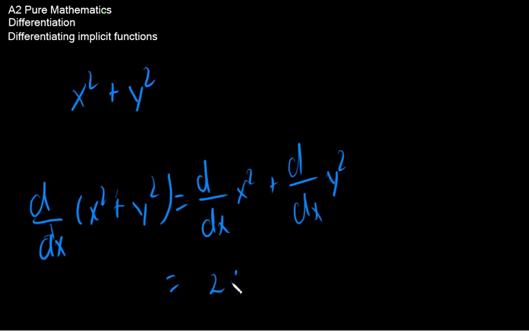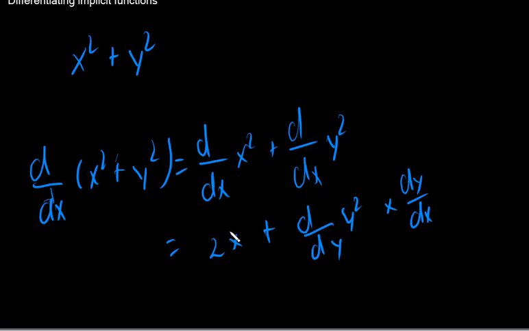This is obviously 2x, plus now d over dy. So if we put dy here, what we need is to times it with dy over dx. So d over dy of y squared times dy over dx, which is the same as d over dx. So here we have 2x plus d over dy of y squared, which gets us 2y times dy over dx.